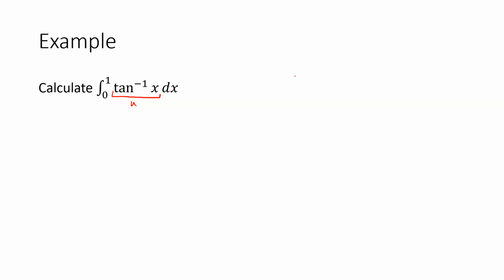So in this case, the u will be tan inverse. The dv will be dx. So the du will be 1 over 1 plus x squared for tan inverse.